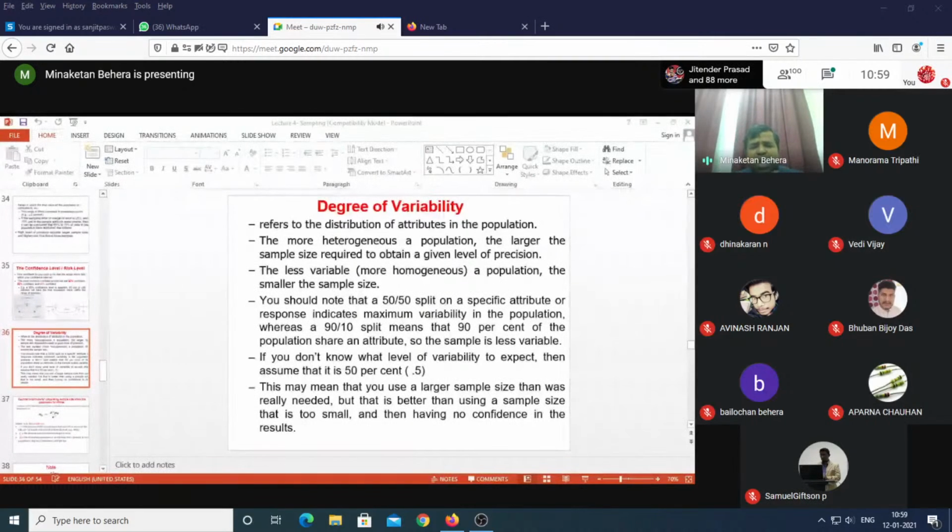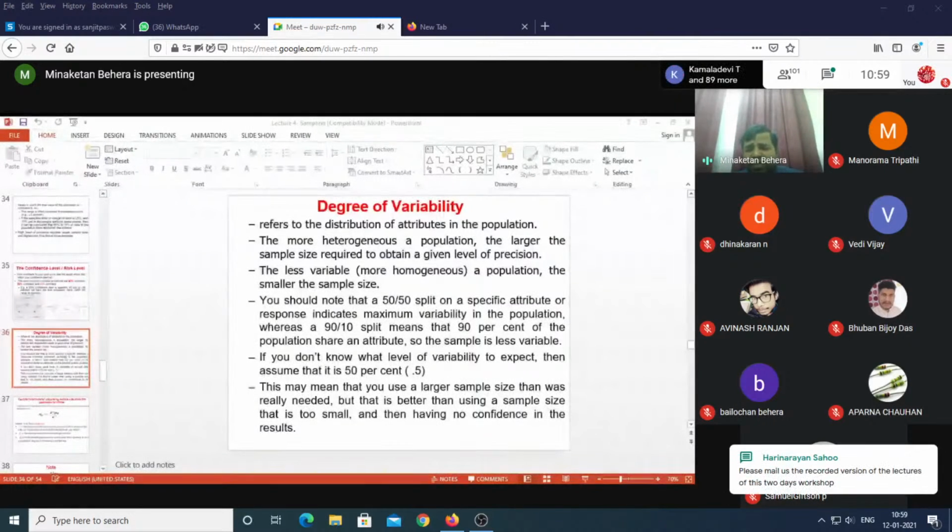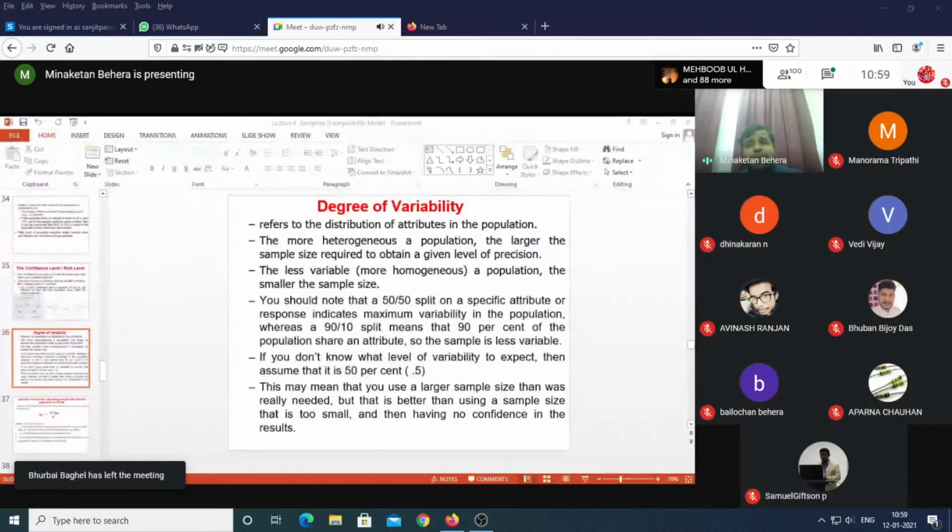In quota sampling, some part is stratified on the basis of gender. But after that, when you are selecting the sample, it is the choice of the investigator whom he will ask or select and whom he will not. Suppose I enter a village and have to select 20.